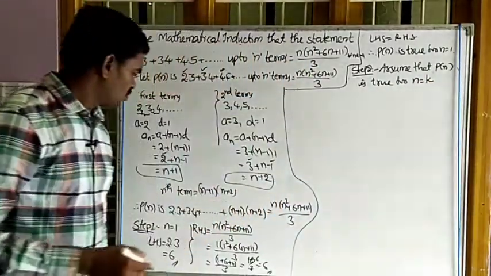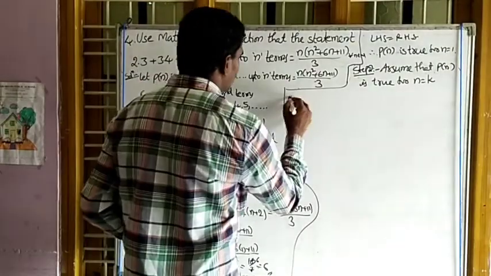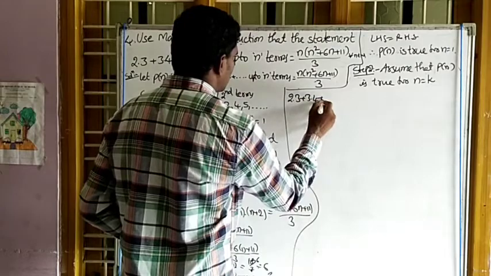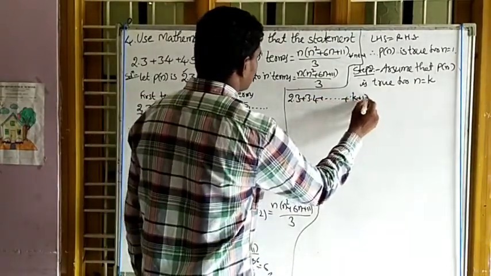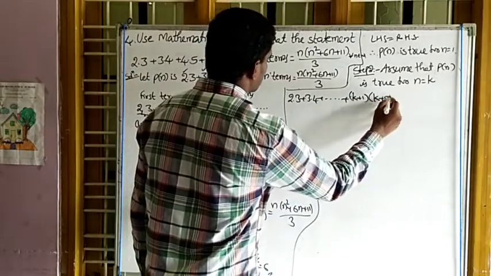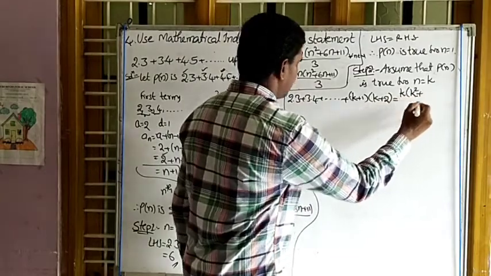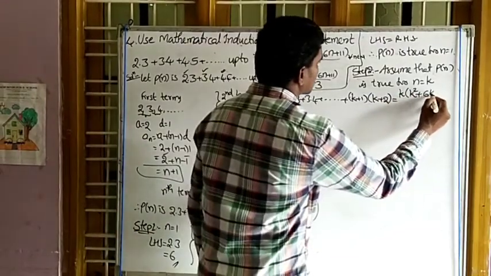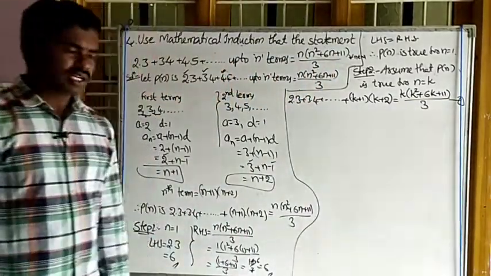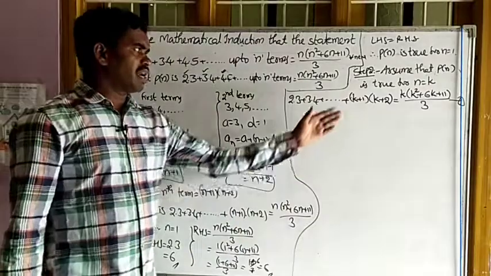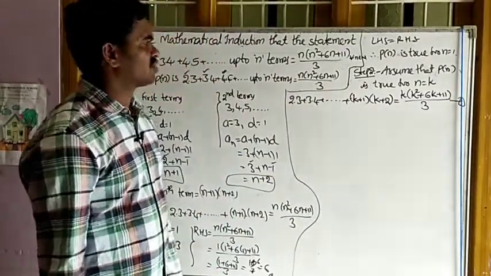So then what will be the statement for n equal to k? 2 into 3 plus 3 into 4 plus so on plus (k plus 1) into (k plus 2) is equal to k into (k square plus 6k plus 11) by 3. Equation 1. Okay. By replacing n by k, this is the equation.